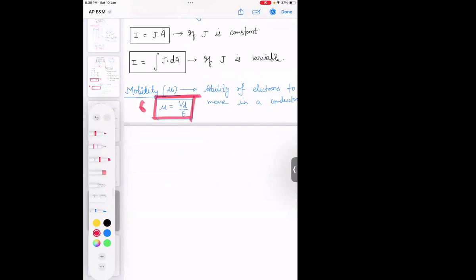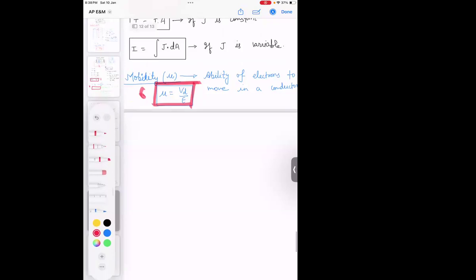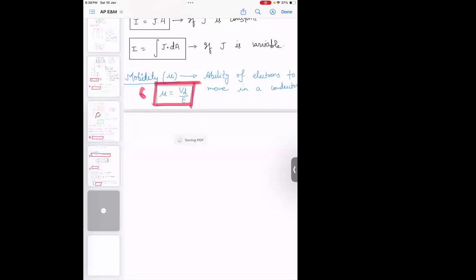So in a conductor, generally what moves? Protons or electrons? What are the free charge carriers? Please tell me, which is the free charge carrier whose free movement will happen in a conductor? Protons or electrons? Electrons, isn't it? Because protons are fixed to the nucleus.